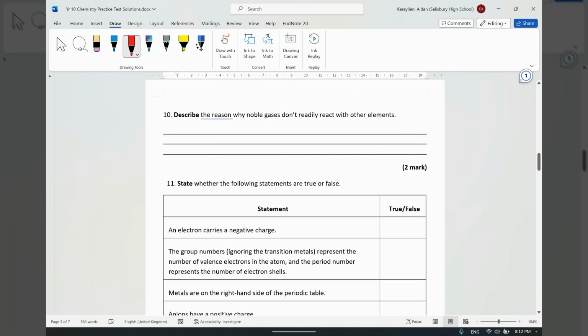So, question 10. Describe the reason why noble gases don't readily react with other elements. And this is a 2-mark question. So the important thing to remember here is that reactions, I'll write this out here and hopefully it'll make some sense.